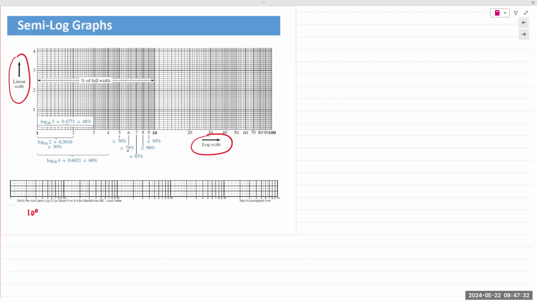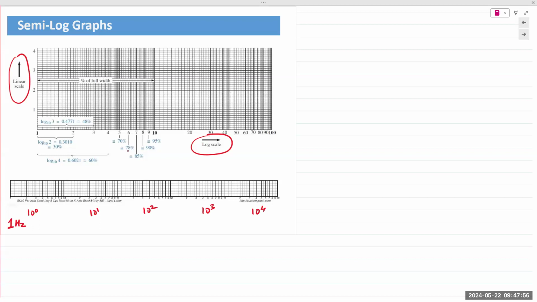For a linear scale, you add it up: 1 plus 2 plus 3 plus 4. For a log scale, you multiply. So it's 10 raised to 0, 10 raised to 1, 10 raised to 2, 10 raised to 3, 10 raised to 4. If I was plotting frequencies, 10 raised to 0 is 1, so my first division would be 1 hertz.